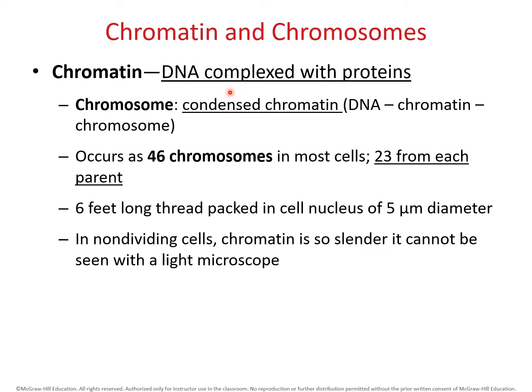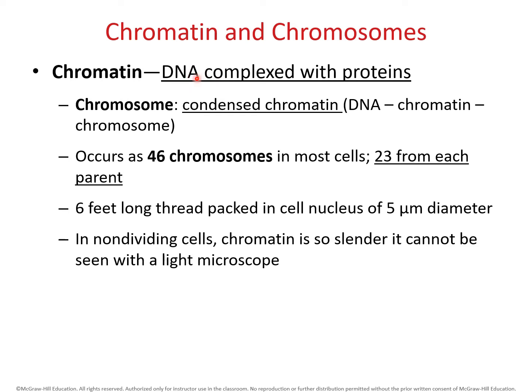Well, you have to have DNA become condensed. It has to exist in a smaller form, a form where it's not taking up as much space. This is how we're able to fit DNA into the nucleus. When it is in its condensed form, we call it chromatin.